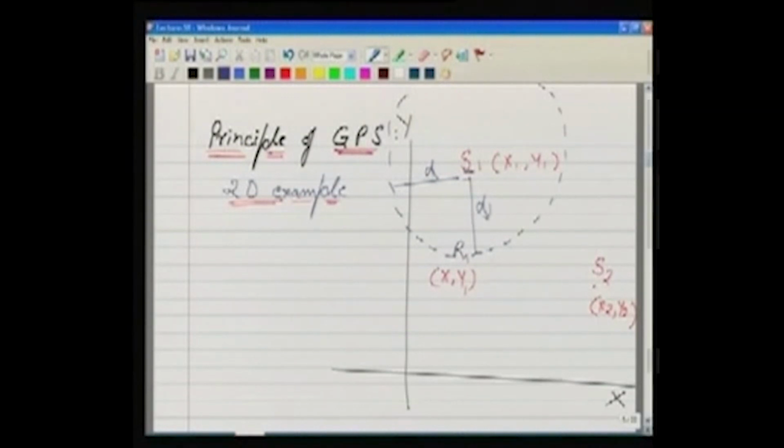So we go for the second measurement, D2, and take another arc. From D2, satellite number 2, S2, our point R could be anywhere along this circle. So we get two positions, position number 1 and position number 2. R could be at either of these two places.